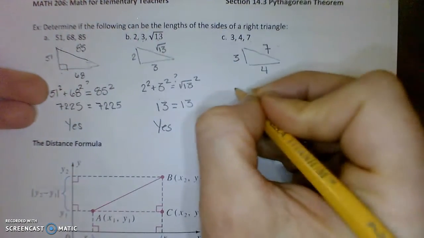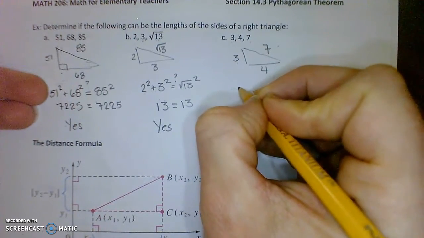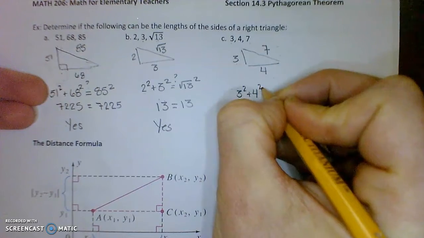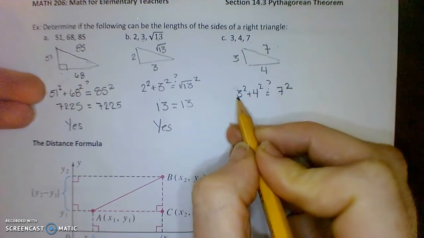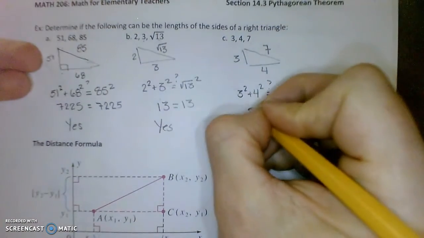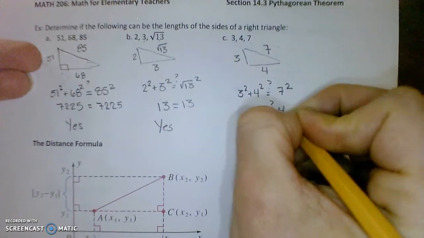But let's go ahead and verify, just check by plugging these numbers into the Pythagorean equation. 3 squared plus 4 squared, see what we get, and if that's equal to 7 squared. 3 squared is 9 plus 4 squared is 16, so we get 25. And let's see if that's equal to 7 squared, which is 49.